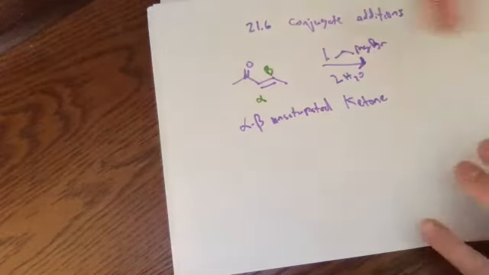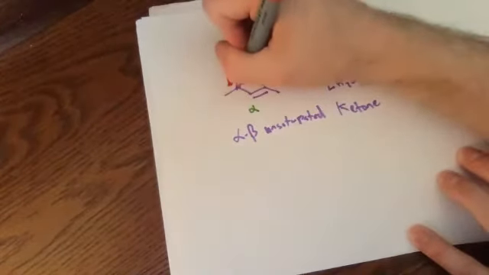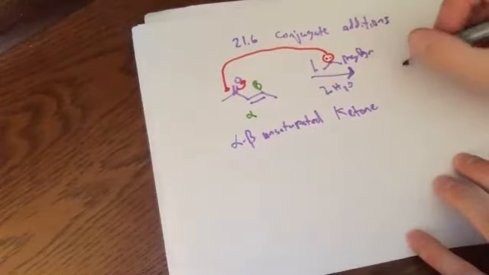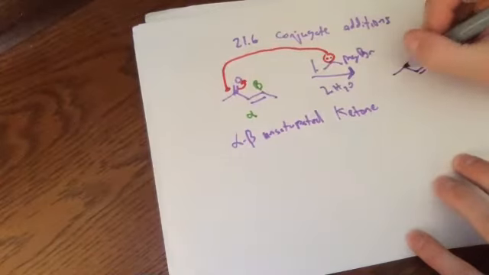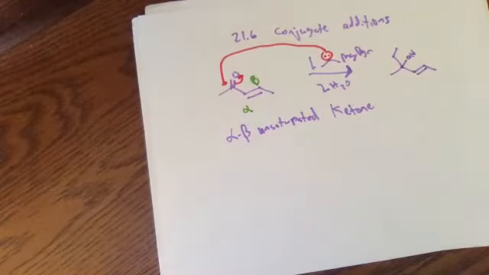So attack your carbonyl. We'll end up making an alcohol. This other double bond can be untouched. We'll get this product.